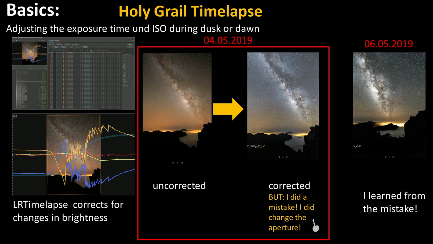And the camera, as you saw, has only 16,000 brightness levels and would not be able to cover this change in brightness. So you have to constantly change the exposure time and then later on the ISO to always have a correct exposure, to always have an optimal exposure while you're shooting the time lapse.